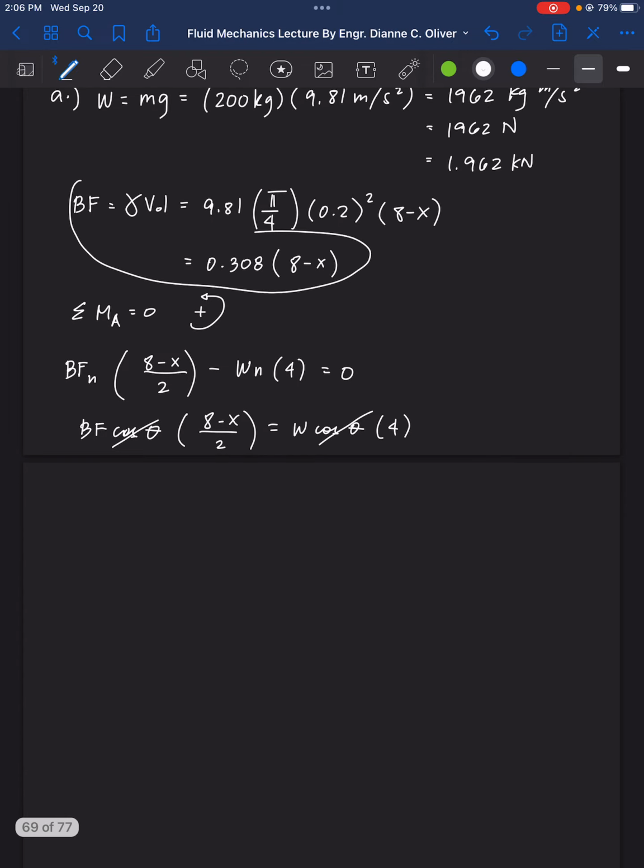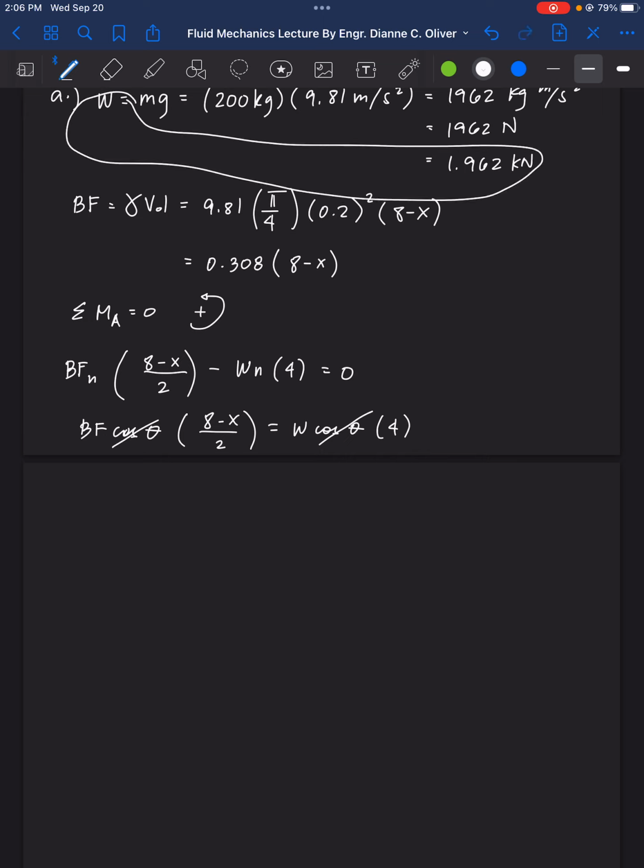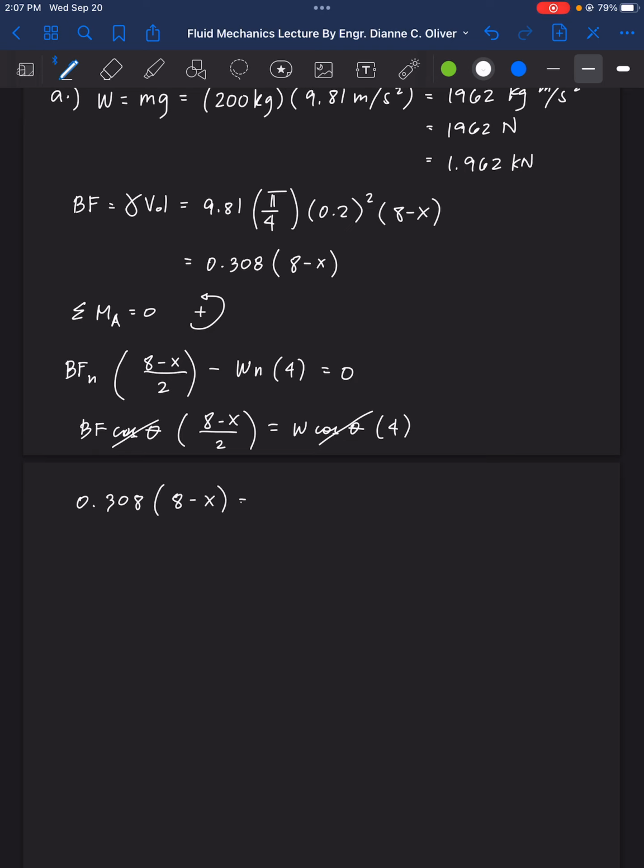We have here the BF value, and then for the W, there goes our W. So BF is 0.308 times 8 minus x over 2 equals W, which is 1.962 times 4.